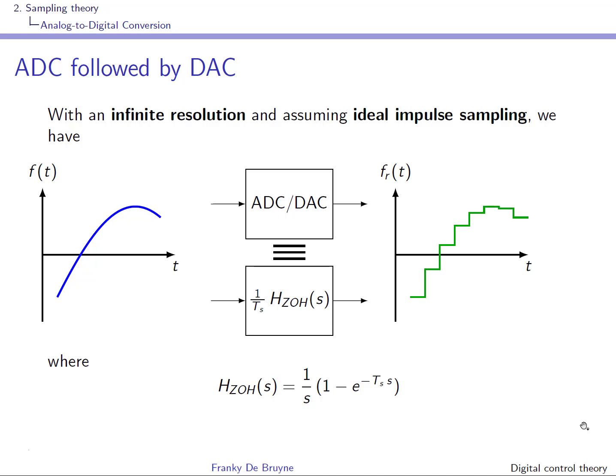In this ideal analog to digital conversion followed by digital to analog conversion, the predominant effect will be that of the zero order hold, and remember that the zero order hold can be described by its transfer function, and the transfer function is the Laplace transform of the impulse response of this zero order hold process. The 1 over Ts comes from the analog to digital conversion, and it will cancel out with the Ts that is hidden in the transfer function of the zero order hold mechanism.